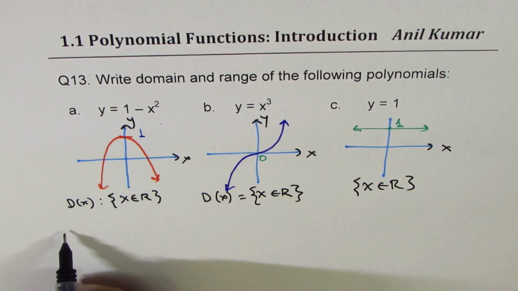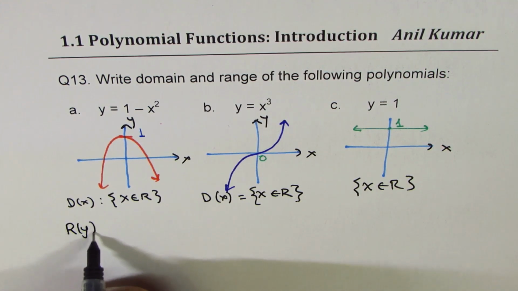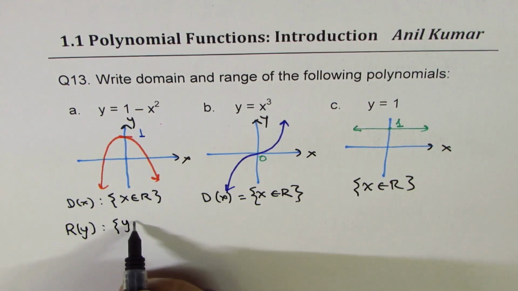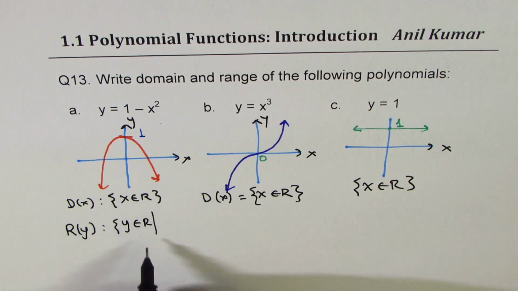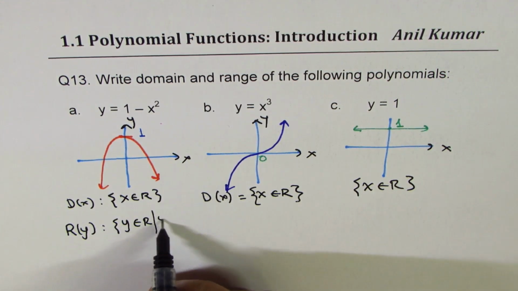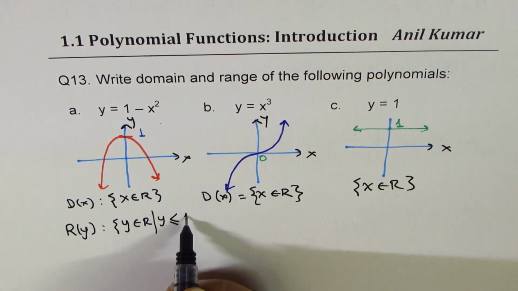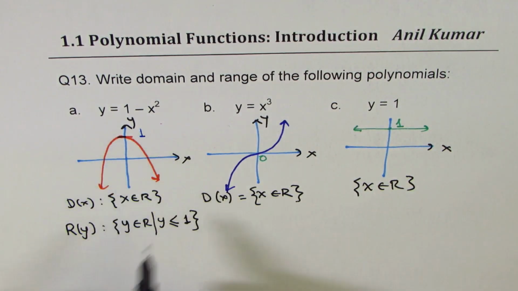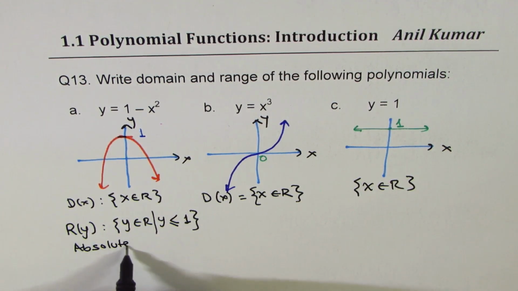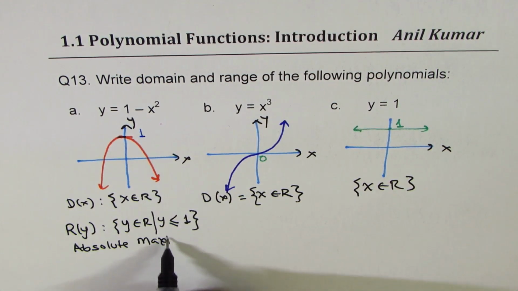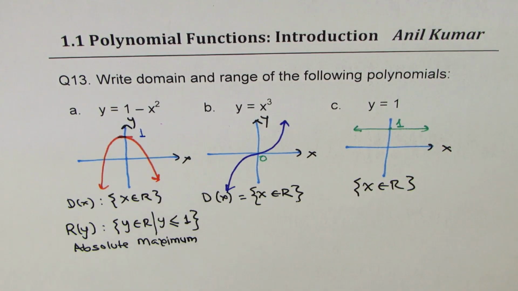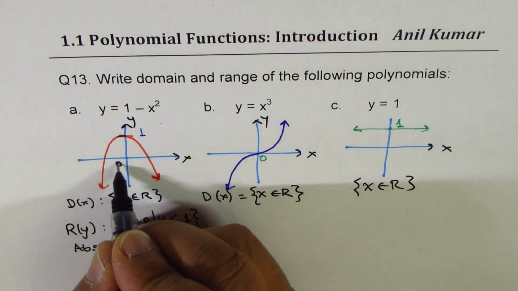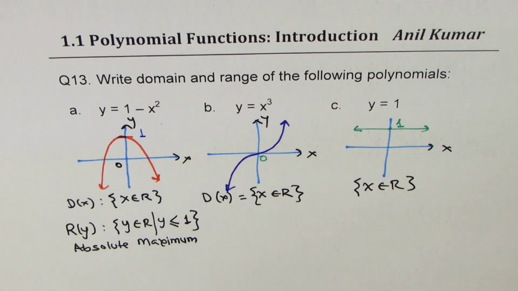So here, in the first case, we say range, the y values, y belongs to real numbers, but that is the condition, but y is less than equal to 1, right? So the maximum value is 1. So here, this will have absolute maximum at x equals to 0, right? And the value is 1.